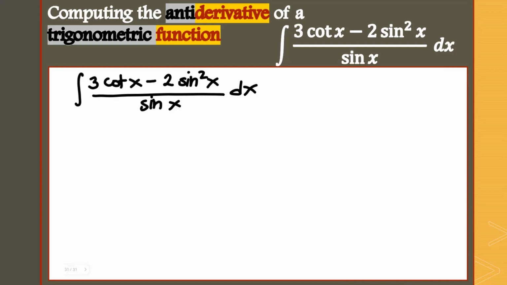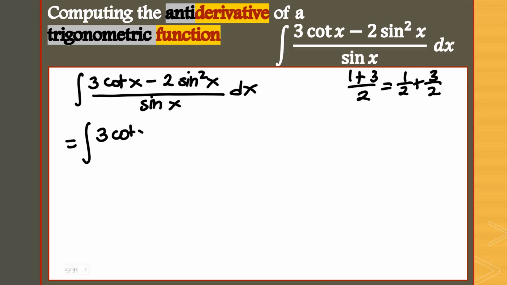We know that 1 plus 3 over 2 can be written as 1/2 plus 3/2, right? So we can write that as negative 3 cotangent x over sine x, sharing the denominator, and of course we have here dx.